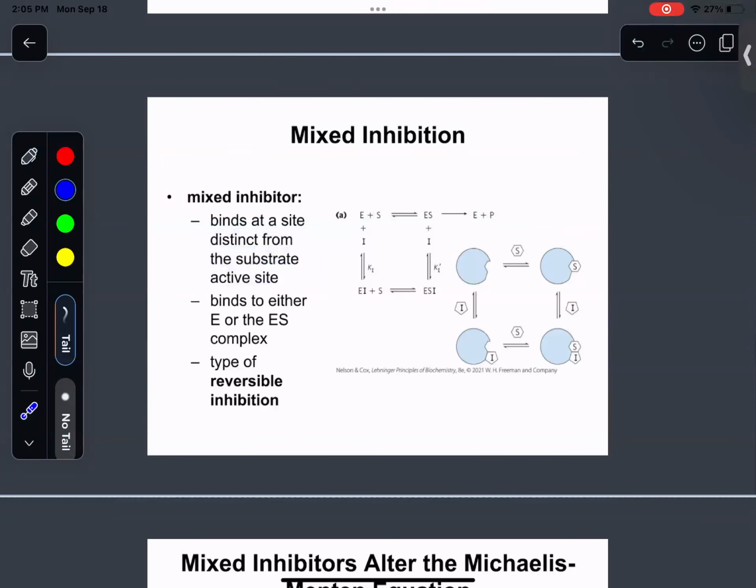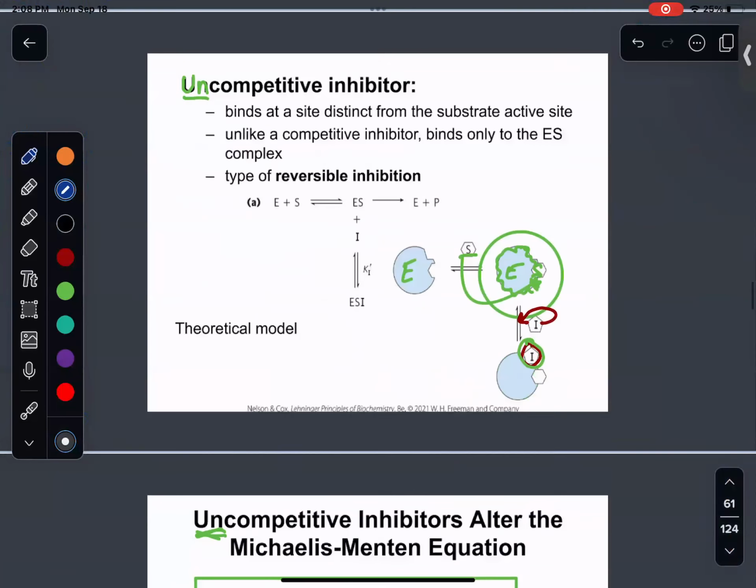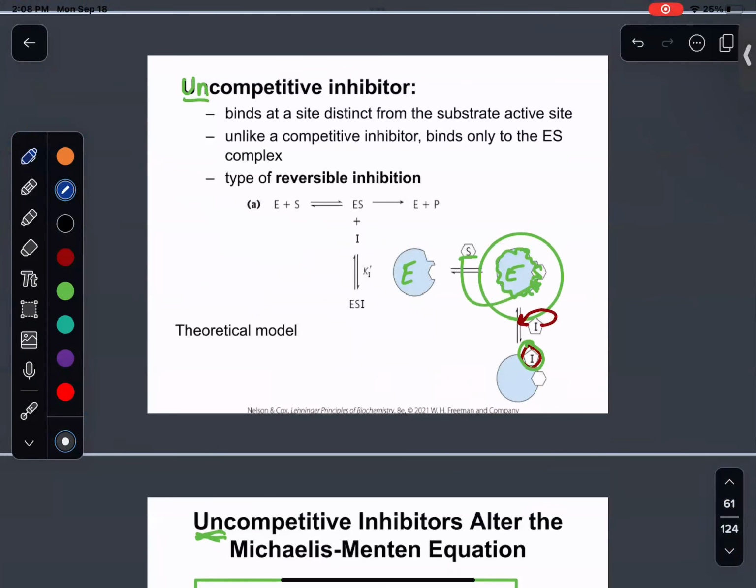Let's just run it back right quick to competitive. In competitive inhibition, the inhibitor competes with the substrate for the active site of an enzyme. So in competitive, we're going to bind to the enzyme. In uncompetitive, we're going to bind to the enzyme substrate complex only.